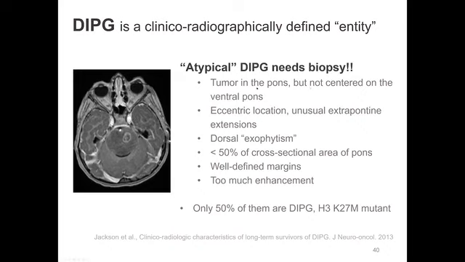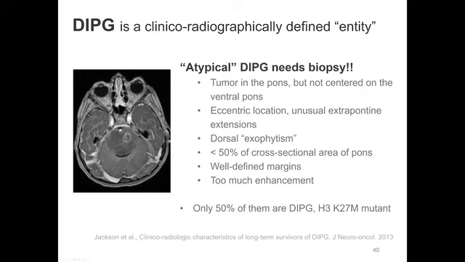For example, if you see a tumor in the pons, but it's not centered in the ventral pons, like in our prior discussion, you might see the tumor in the dorsal pons, or in an eccentric location, or it shows unusual extrapontine extensions, or you see a tumor has dorsal exophytism, not ventral exophytism, or the tumor is smaller, less than 50% of the cross-sectional area of the pons, or the margin is too well defined, or you see too much enhancement.